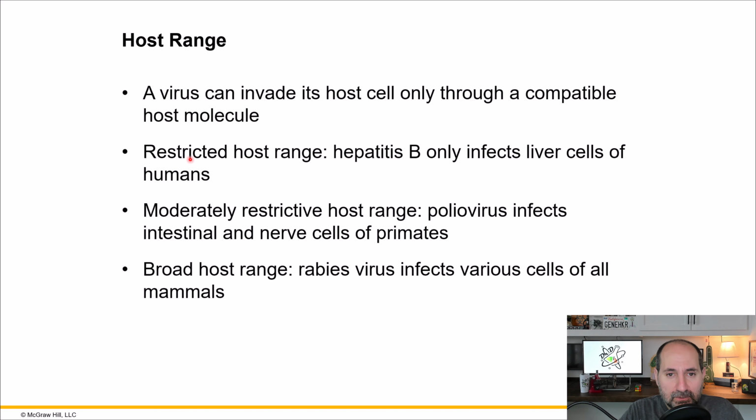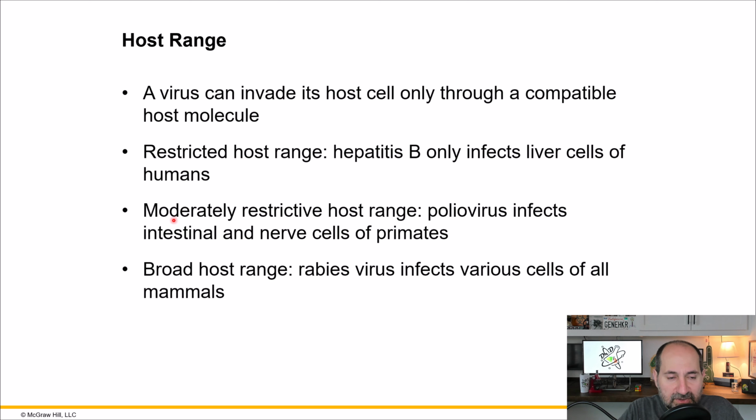So, for example, hepatitis B only infects liver cells because only those liver cells have the specific receptor on their surface that's recognized by the hepatitis spike proteins. So this means that hepatitis B has a very restricted host range. It only infects a particular tissue on a particular species of animal.